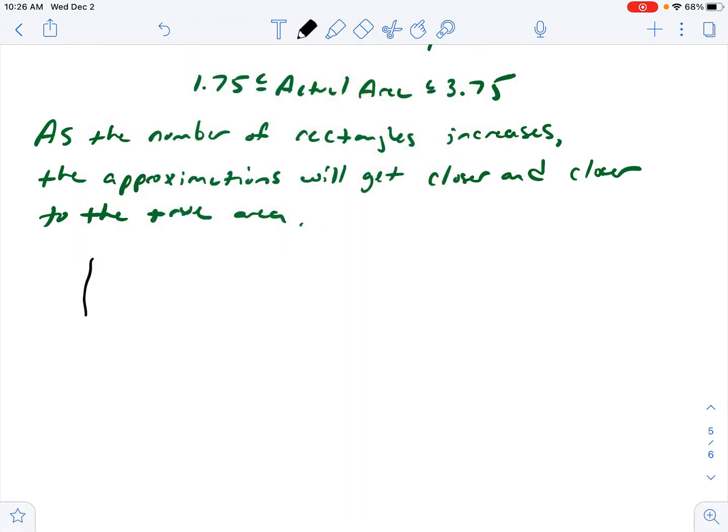Okay? And what's going to give the best approximation, do you suppose? How many rectangles is enough? If we have this region here and I want to do the best possible approximation, I guess what we're doing is looking at making these things as thin as we possibly can. If I get these rectangles super, super thin, I'm more or less going to be filling the region in almost perfectly.